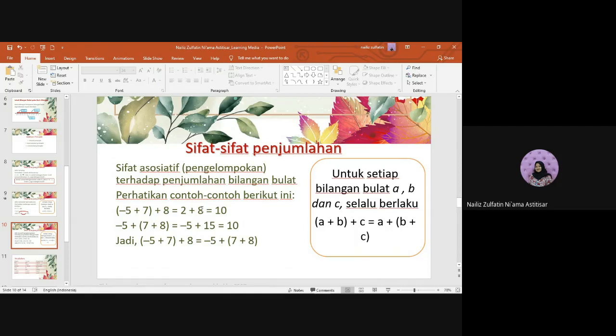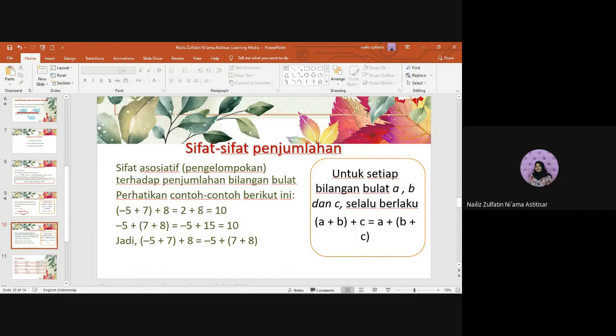So minus 5 plus 7 plus 8 is the same regardless of grouping. For every integers a, b, and c, it is always true that in parentheses a plus b, plus c, equals a plus, in parentheses, b plus c.